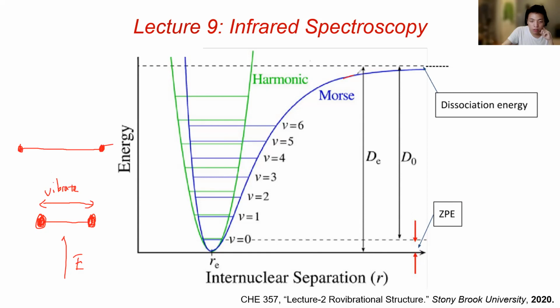But at some point the energy will be so high that the bonds will dissociate. So the bond will break and leave you with 2 molecules. This is what the Morse potential gives. And the harmonic oscillator just assumes that the molecule will keep on extending and will never break. So that's why it keeps going up and doesn't level off.